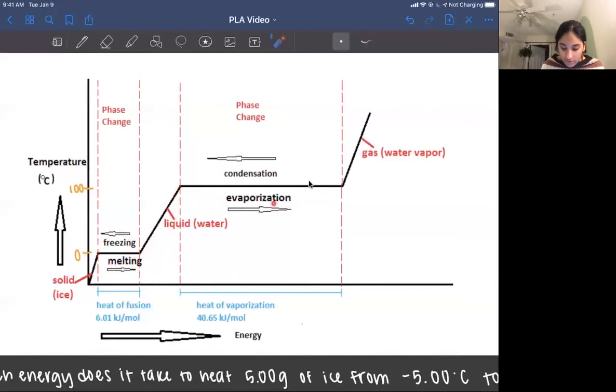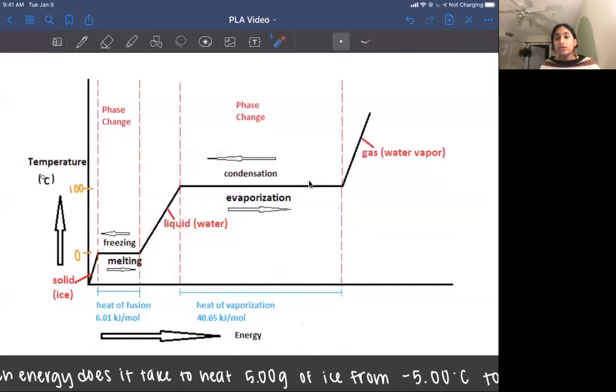And then here, any energy that's added goes into the evaporation phase change. And we can see that the evaporation phase change takes a larger amount of energy because the difference between the liquid and the gas phase is much larger than the difference between the solid and the liquid phase.